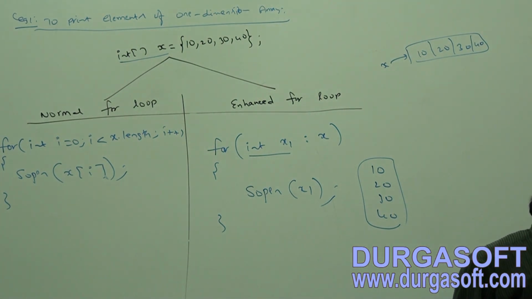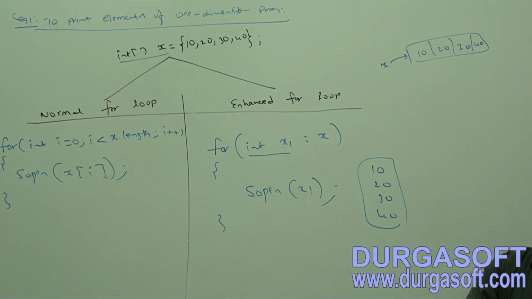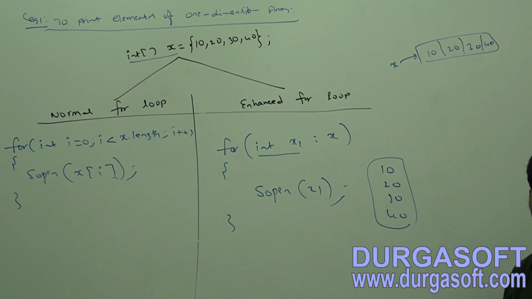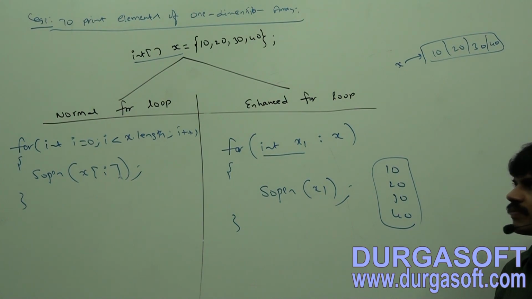Take it clearly. To print elements of a one-dimensional array, normal for loop and enhanced for loop. Completed, I hope. Clear, right?